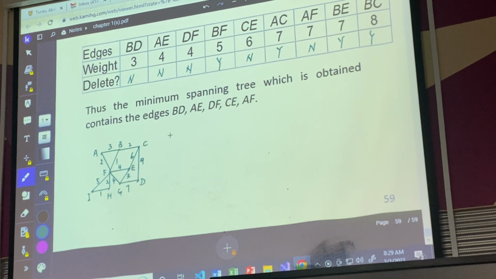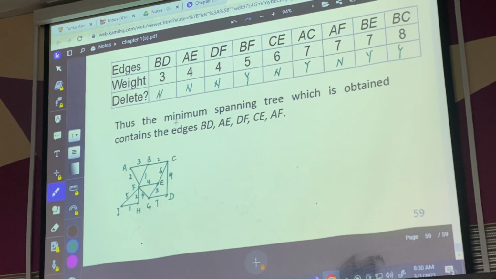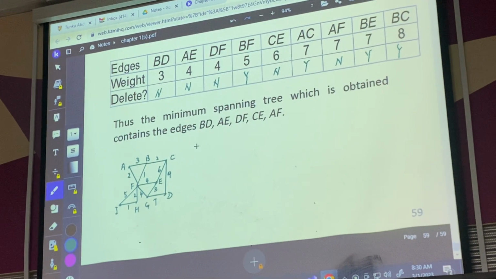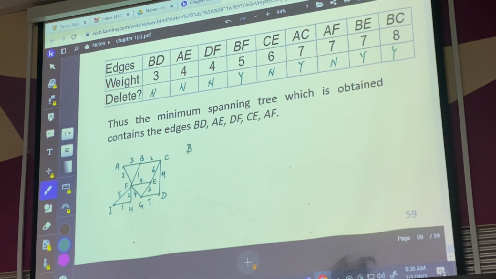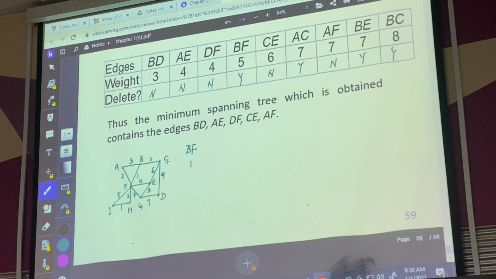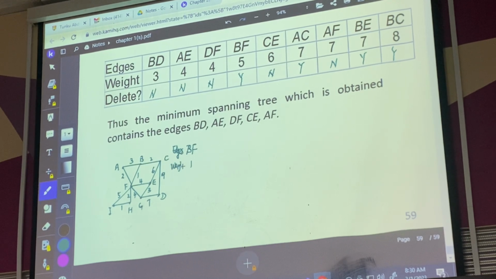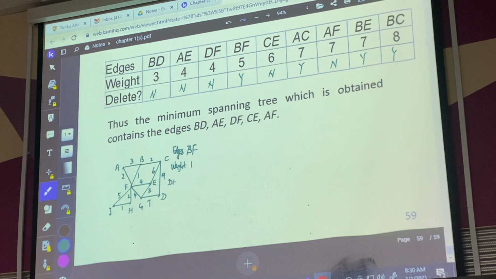So the table for this one, if you follow this in ascending order, right? So you will have the first one is BF for the weight 1. This is the weight 1. Okay, so you can label this as the edges. This is the weight. And this one is whether you delete or not.